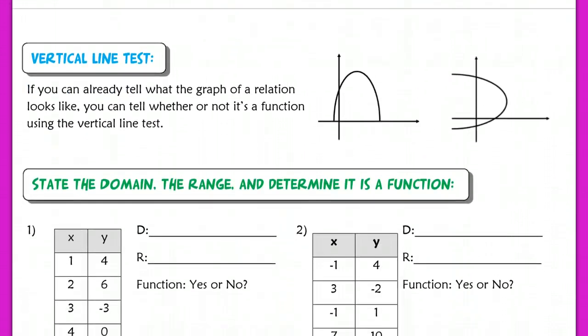Okay, now a faster way to test whether or not something is a function or a relation is called the vertical line test. You might have heard this in Algebra 1, but it's a really simple test. The vertical line test says that if I create a vertical line anywhere on a graph, and it passes through the graph just once, then it's a function. Over here, though, if I create a vertical line, see how I have two points intersecting this vertical line? This is like having the same x input, right?